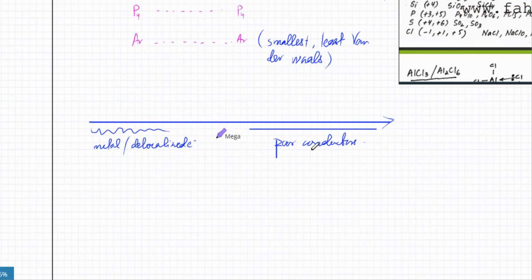Now silicon is somewhere in the middle. Remember, in the middle the transition starts. These ones are metals. In their structure, they lose electrons, so they've got a lot of delocalized electrons, which is why they're conducting electricity. Silicon is somewhere between a metal and a non-metal. It's more non-metallic compared to its metallic properties.